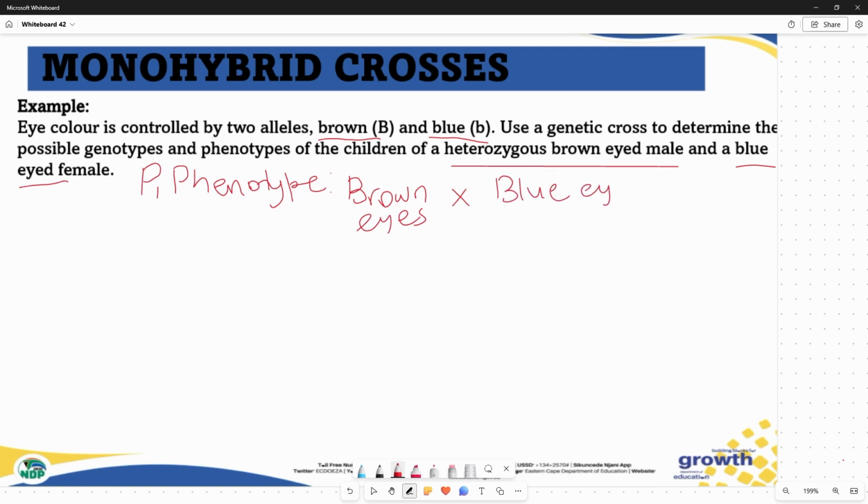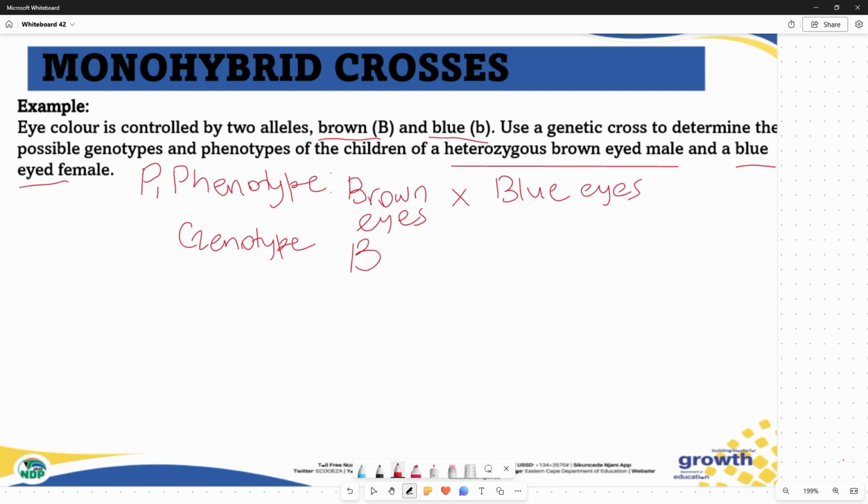So now there is the phenotype of our parents. And then from there, you need now to write the genotype. Now, it is where the heterozygous and the homozygous come in to guide how you are going to write the genotype. So it means that we know that there is this dominant allele for brown eyes.